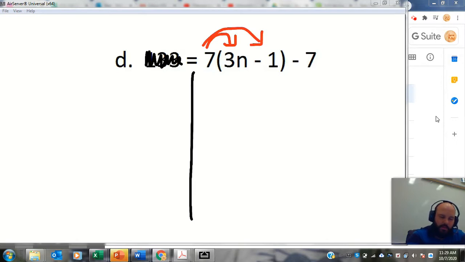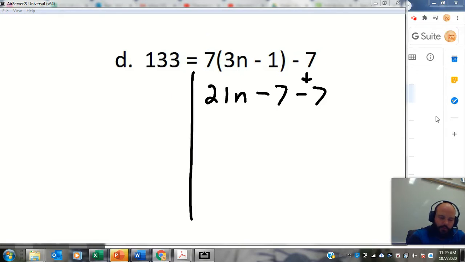And when I do that, I end up with 21n minus 7 minus 7. So 7 times 3n is 21n. 7 times negative 1 is negative 7. And then this negative 7 here still drops down. So on the left, we still have this 133, like that.